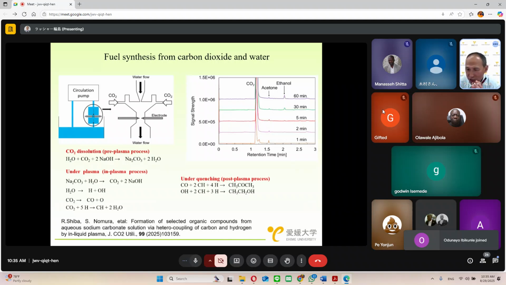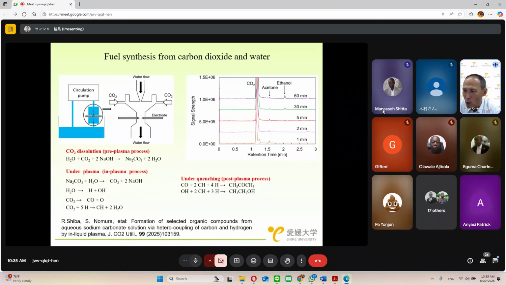And reducing carbon dioxide is an important area of research for addressing global warming. Our research focuses on synthesizing fuel from the carbon dioxide and water. In this experiment, carbon dioxide is dissolved into the liquid to create a sodium carbonate solution.